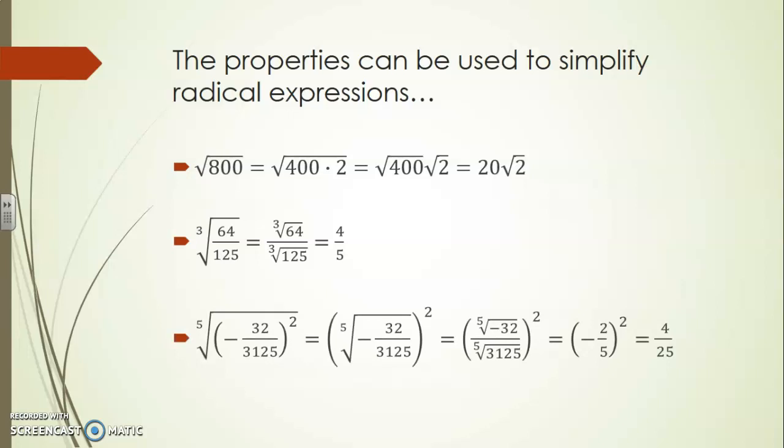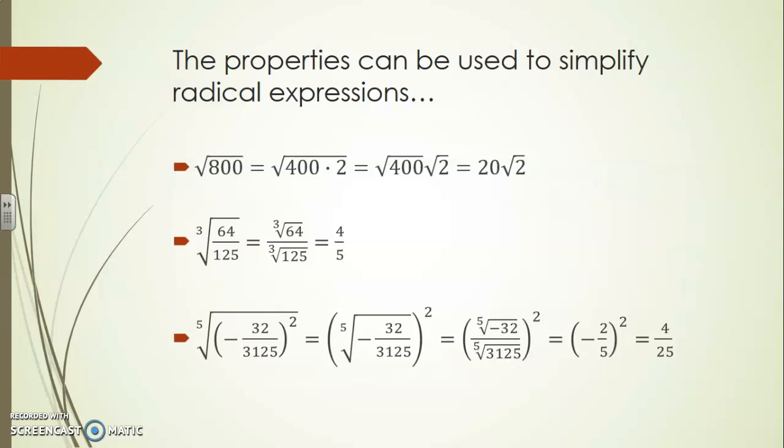In this case, we are doing the fifth root of minus 32 over 3,125, all squared. Notice how the operation I've selected here is to interchange the order in which the operations are done.